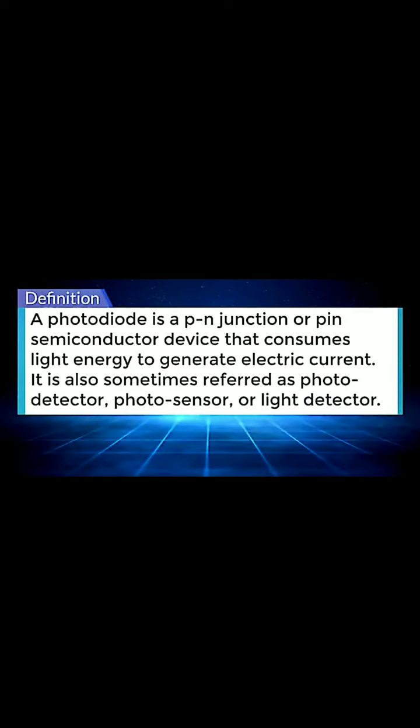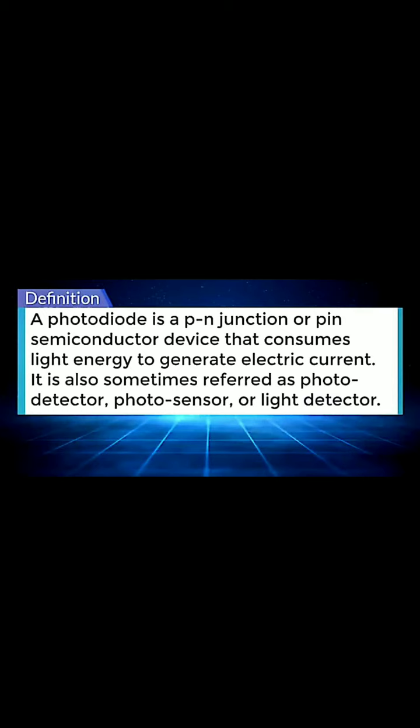So somewhere it depends on light, that is why its name is photodiode. Let's see its definition. A photodiode is a PN junction semiconductor device that consumes light energy to generate electric current or electrical energy, just opposite to the LED.